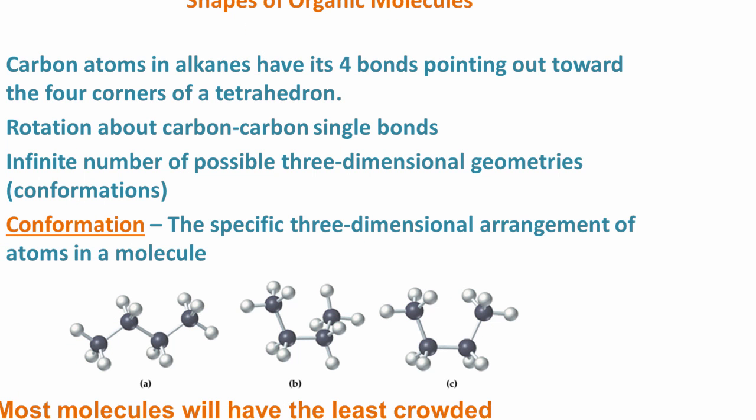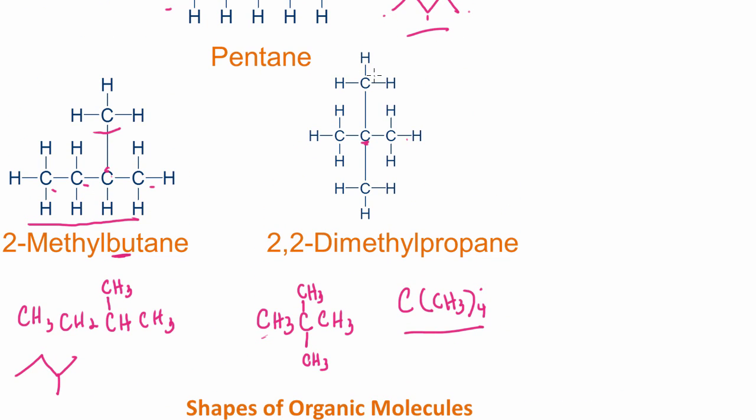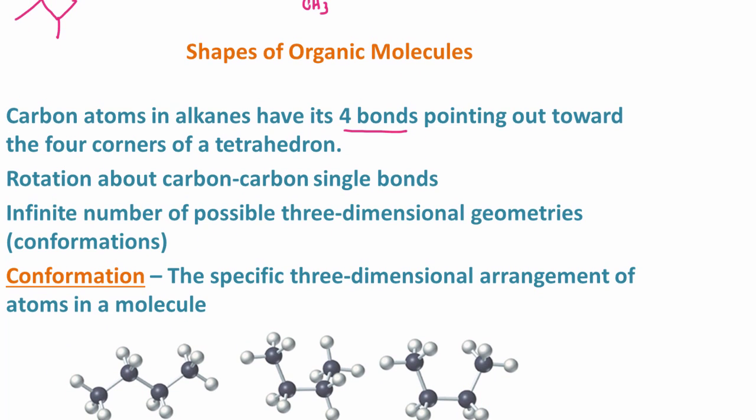So we already know that the carbon atoms in alkanes have 4 bonds pointing out towards the 4 corners of a tetrahedron. So what that means is each one of these carbons in an alkane is bonded to 4 atoms and therefore are tetrahedral carbons. And there is what we call rotation about carbon-carbon single bonds.